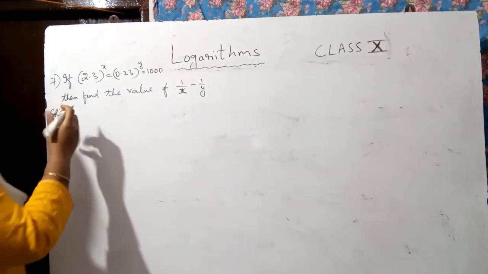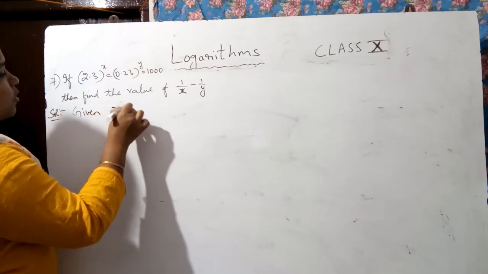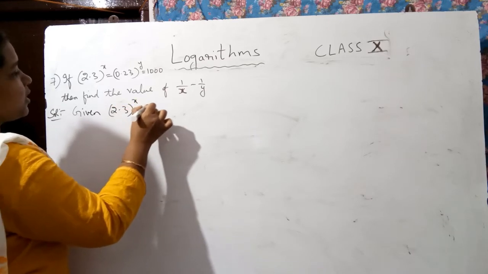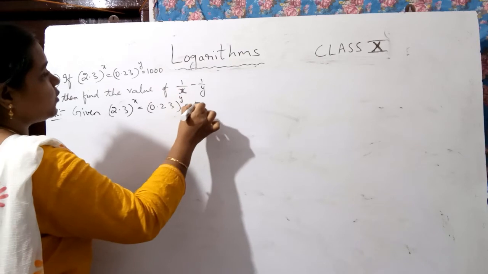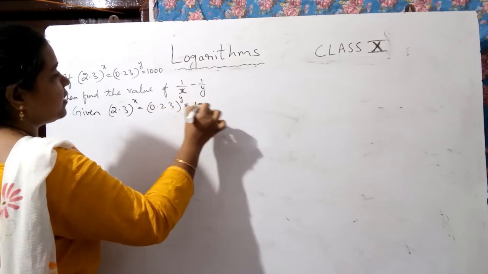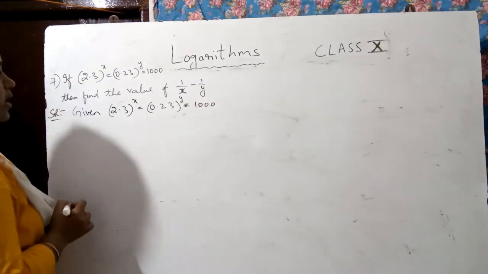So it is given that 2.3 whole power x is equal to 0.23 whole power y is equal to 1000. Then we have to find the value of 1 by x minus 1 by y.